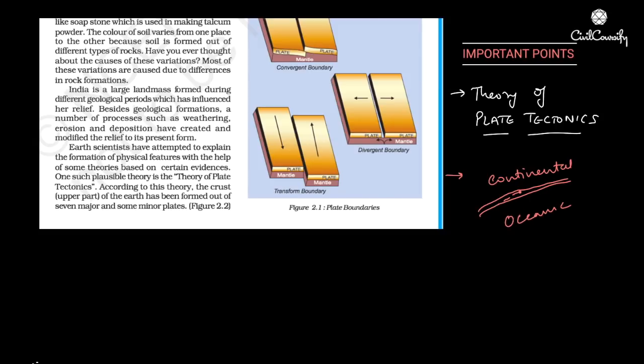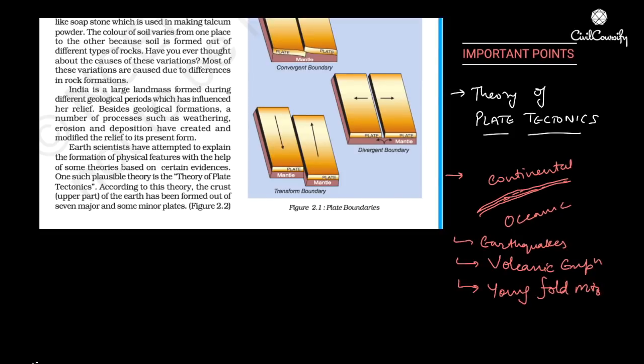This gap between the plates has resulted in various features being formed and various phenomena such as earthquakes. They have caused volcanoes, volcanic eruptions. They have caused young fold mountains to lift up and block mountains. So these are some of the features that have emerged because of plate movements.